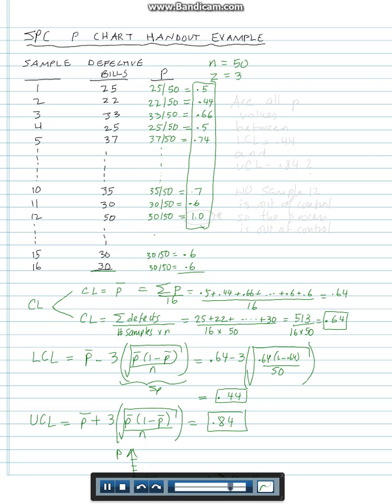That will be between 0.44 and 0.84. But given the criteria we're going to use in this class, we don't need to graph.